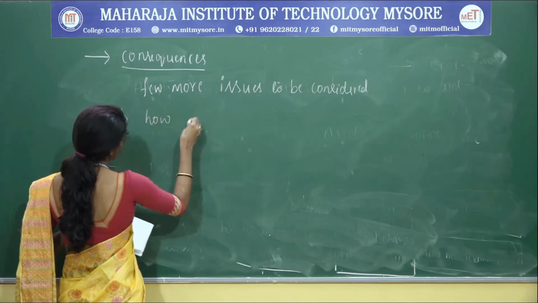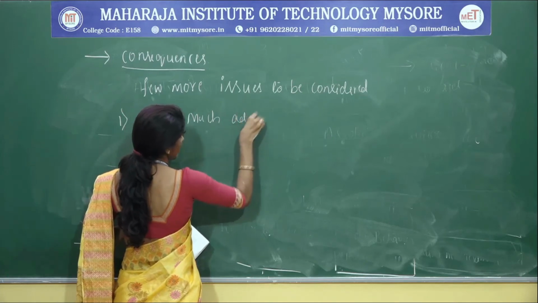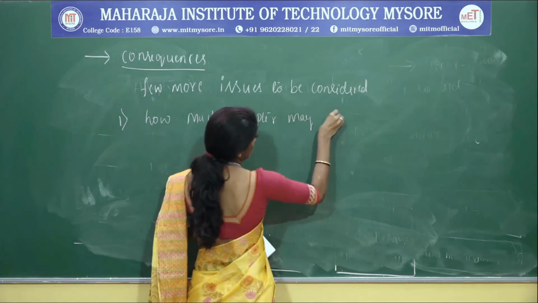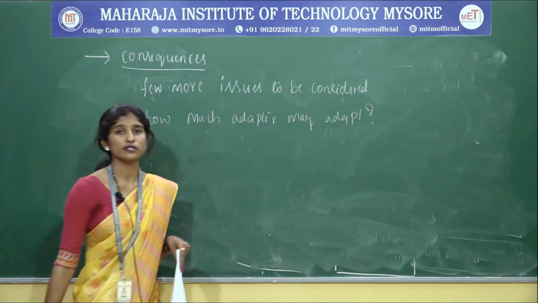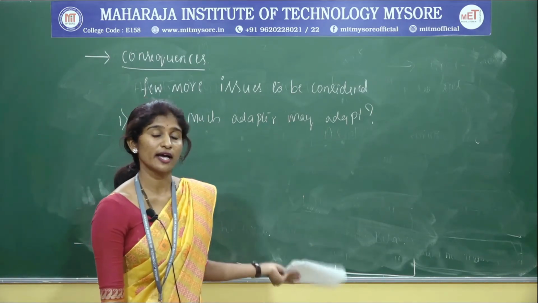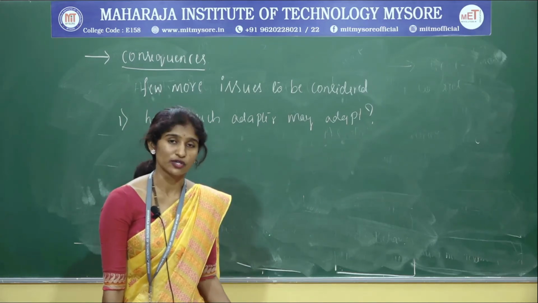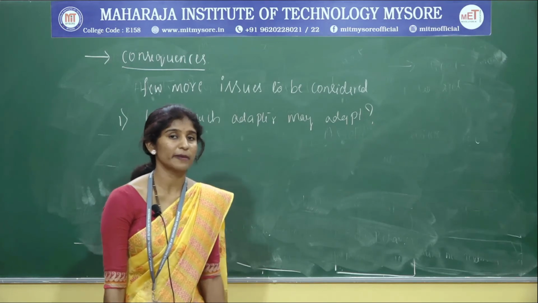That is, you need to consider how much an adapter may adapt. That is a question we need to discuss: how many adaptees can it include? I told you it can have more adaptees in a single adapter. So how much? That is another issue you need to consider while using this adapter design pattern.